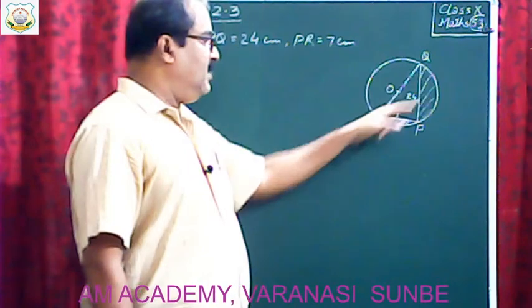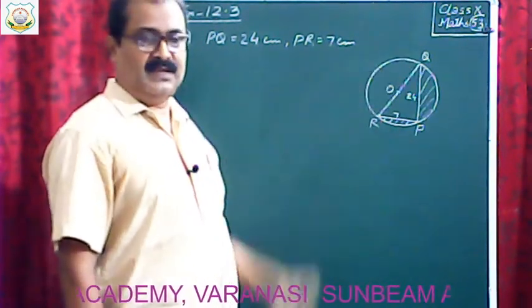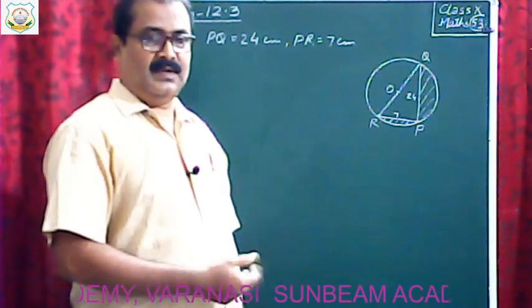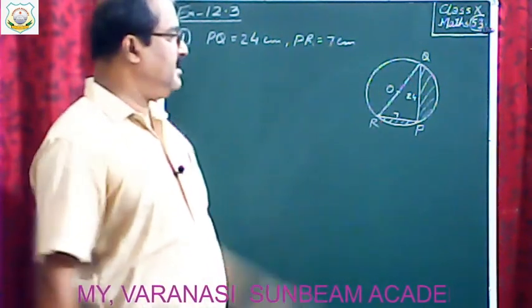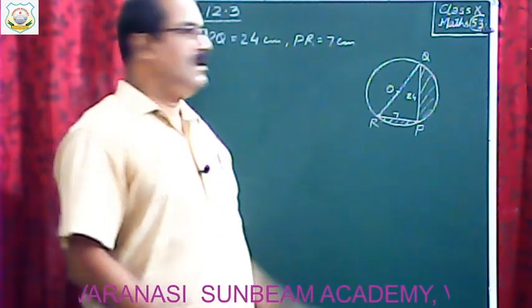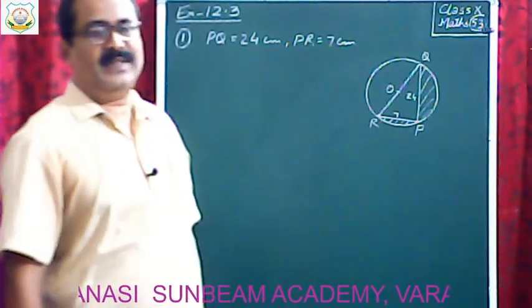In the right triangle, two sides we have. The third side, QR, we have to find by Pythagoras. QR is also the diameter. We get the diameter, then the radius is half of the diameter. In this way, you find the radius of the semicircle, and thereafter shaded area equals area of semicircle minus area of right triangle PQR.